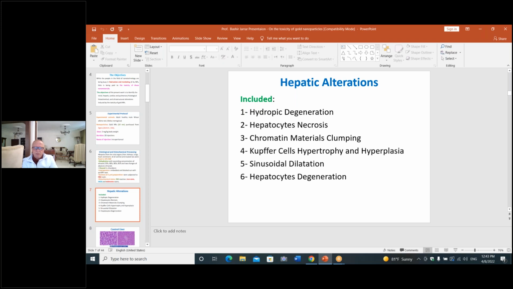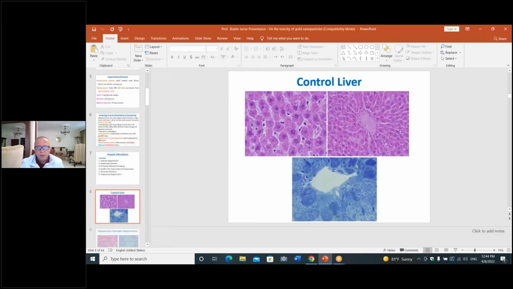In addition to that, we found that the treated animals demonstrated sinusoidal dilatation. Sinusoids are special blood vessels in the liver. In addition to that, the animals demonstrated degeneration in their hepatocytes. When the cells are degenerated, they will lose their function partially or totally.